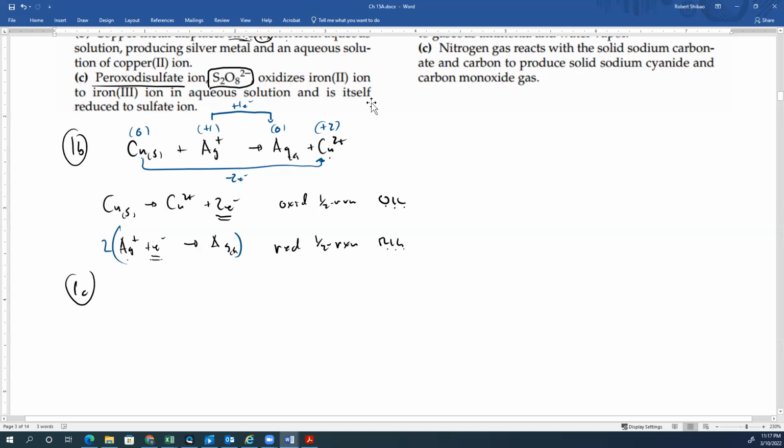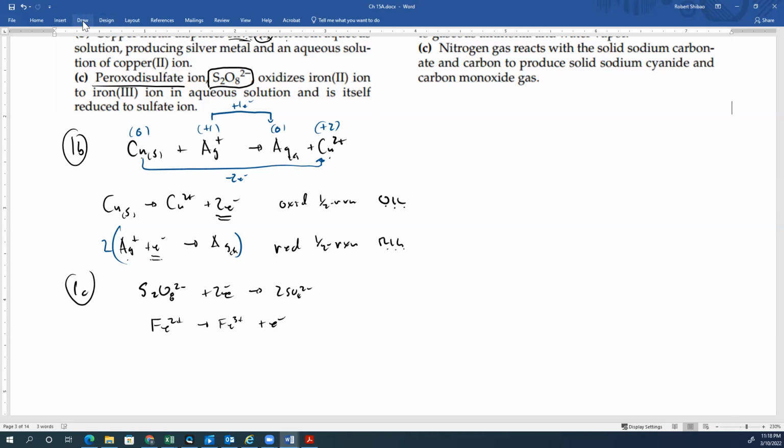And so here we can figure it out. Peroxodisulfate requires 2 electrons, so here the half reactions are probably the best way of determining this. And then we have iron 2 goes to iron 3.